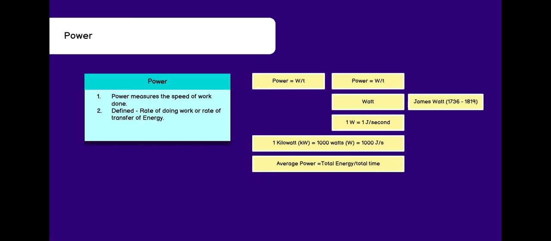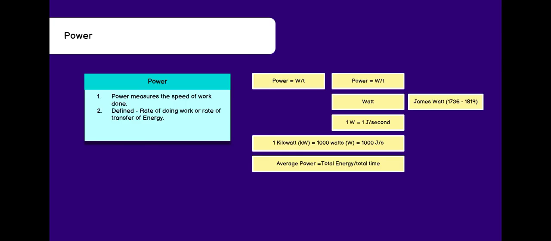It was named after James Watt, 1736 to 1819. So 1 watt is equal to 1 joule upon 1 second. So therefore 1 kilowatt, which is equal to 1000 watts, will be equal to 1000 joules per second. So therefore this is all the formula for power.